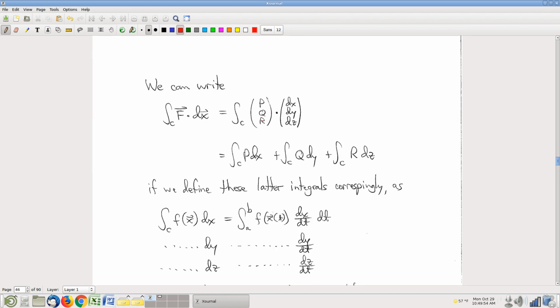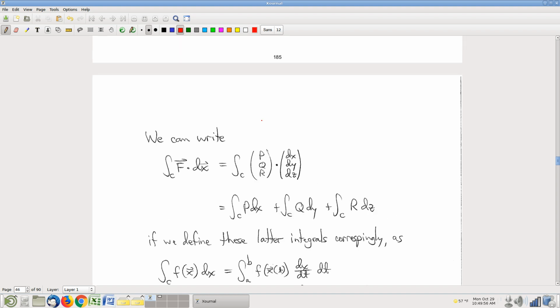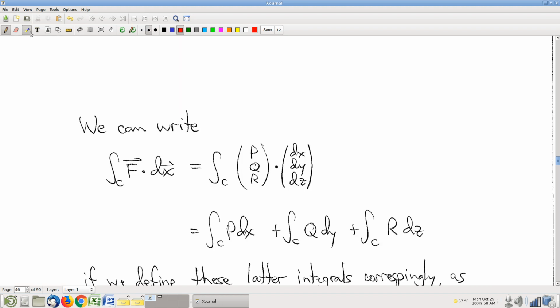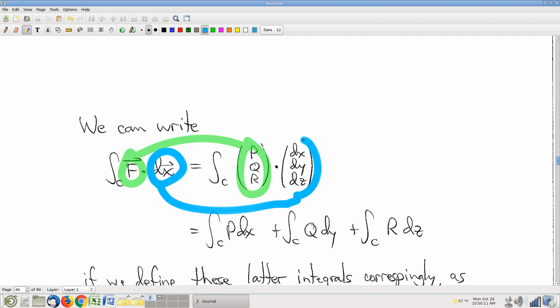It's a little bit weird looking at first, but don't forget our vector field has coordinates. Recall we've decided to call those P, Q, and R. Very standard. Our differential dx has coordinates, as we've just agreed, dx, dy, dz.